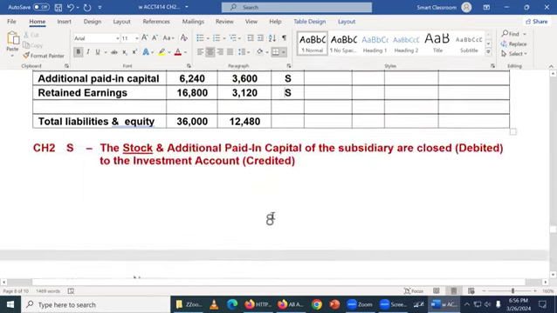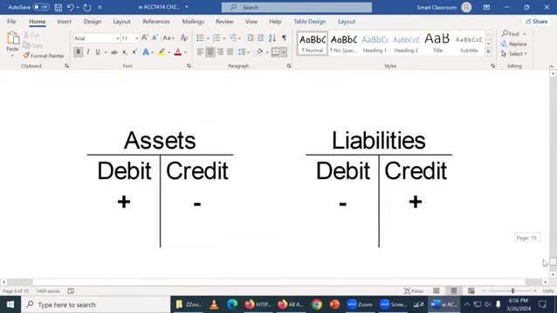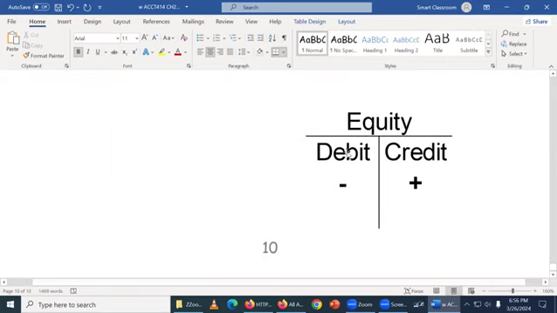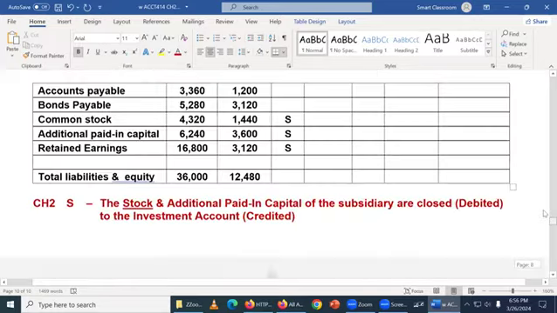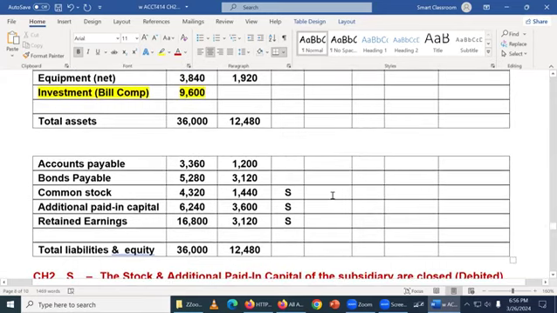Okay, so going all the way down here to the end, equity, we're gonna take it off the books with a debit. Okay, so 440.